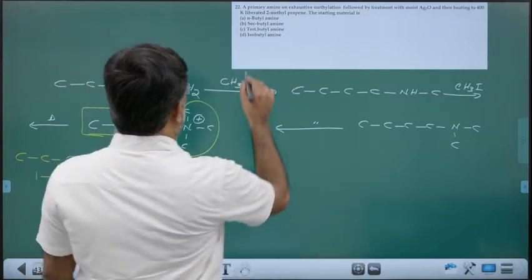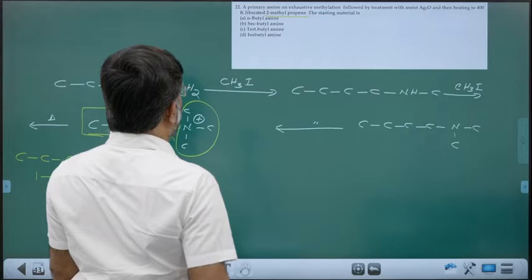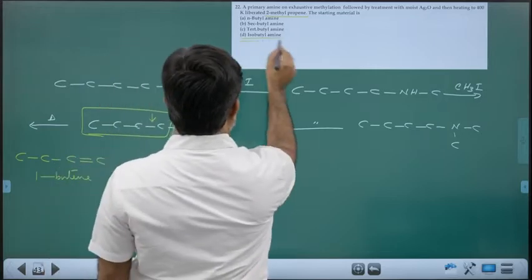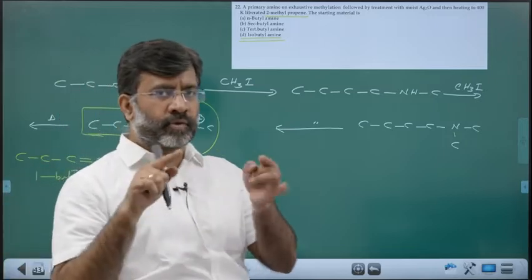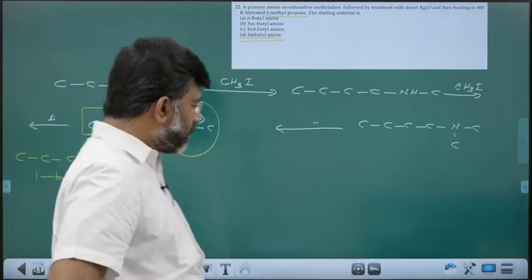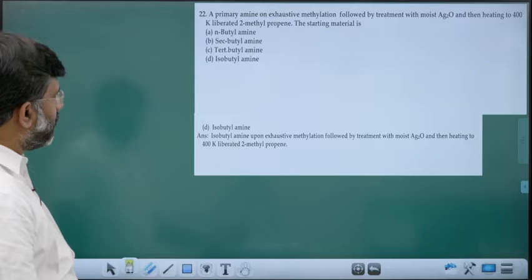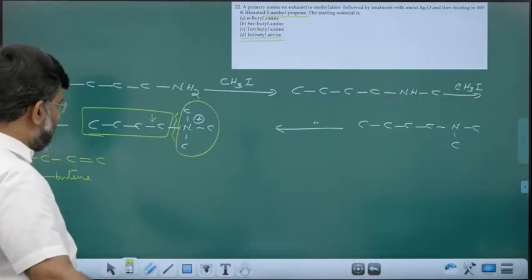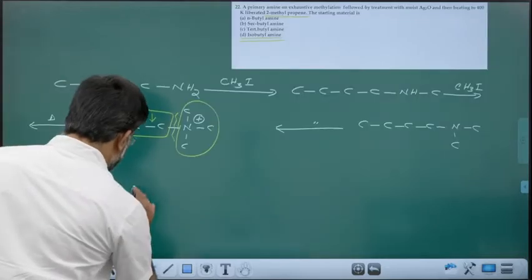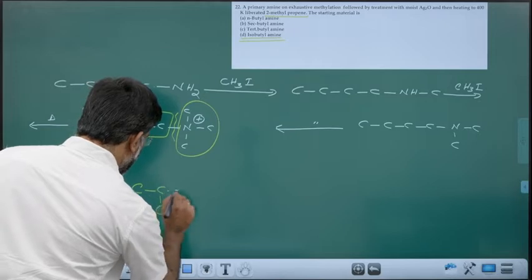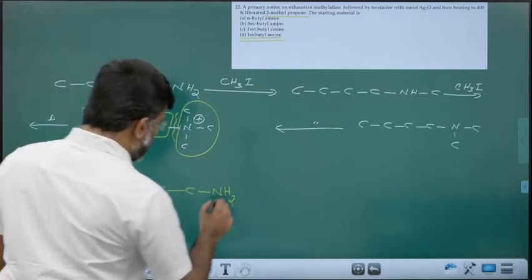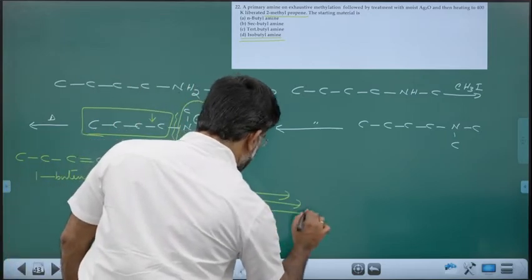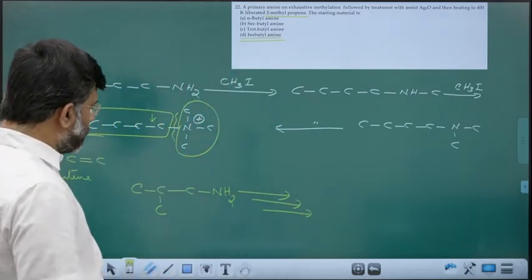What is asked is 2-methylpropene. And the answer will be option D, isobutylamine. Let's see the reaction. Oh, the reaction is not given, I will write. This is isobutylamine. Suppose we are doing 3-step exhaustive alkylation.